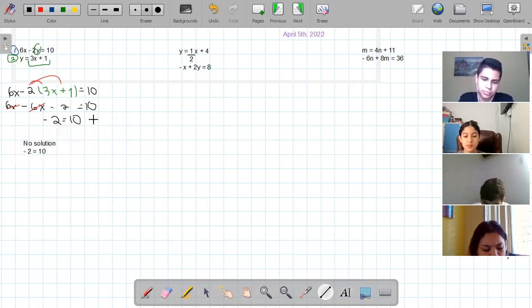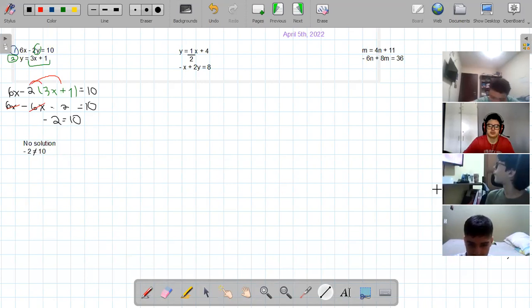Remember, not equal is the equal sign with a cross line like that. That means not equal. Okay, we good? We clear so far? This is what you're going to get when you get no solution, something that is not true, like negative 2 equals 10.